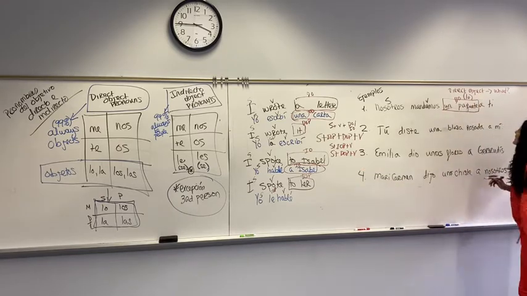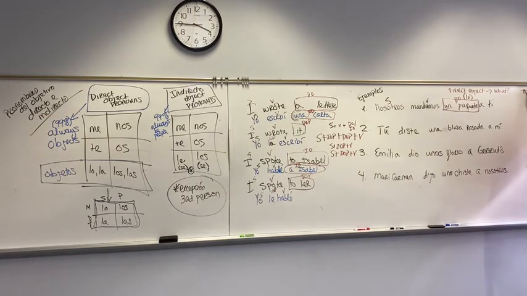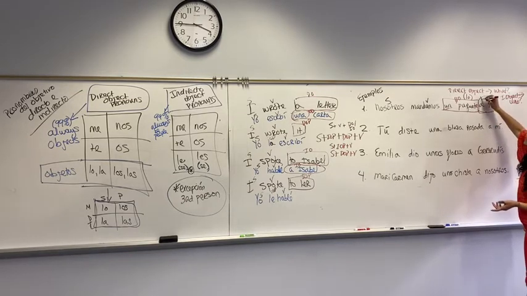Then the indirect object, oh, I don't think you can see it all the way up there. The indirect object is always going to answer the question, who? So I sent a package, but who did I send it to? I sent it to you. So I know that's going to be the indirect object.